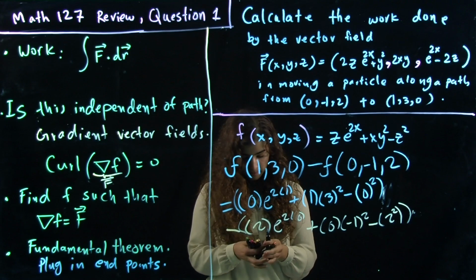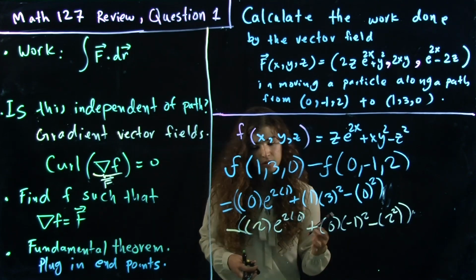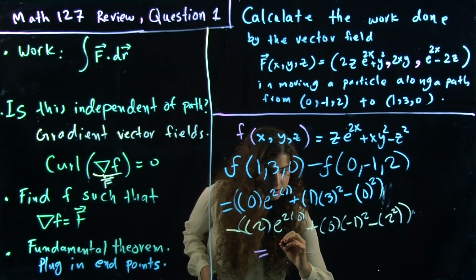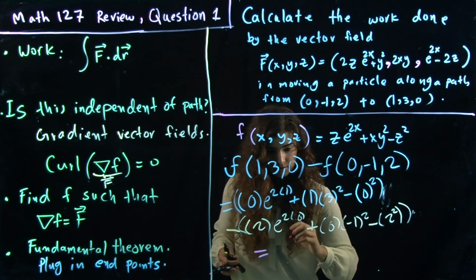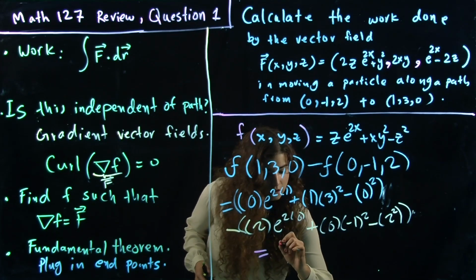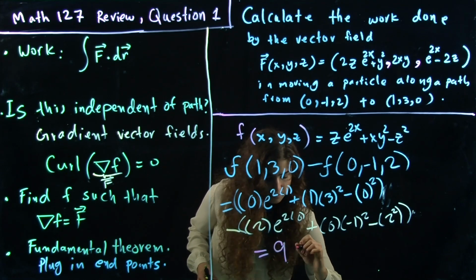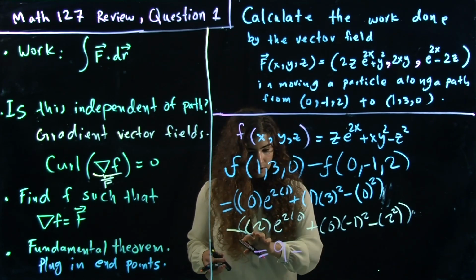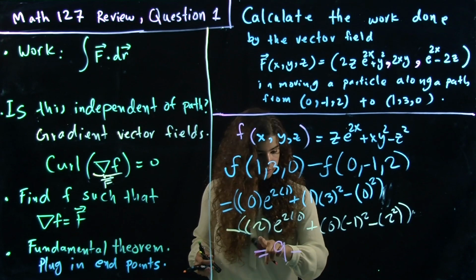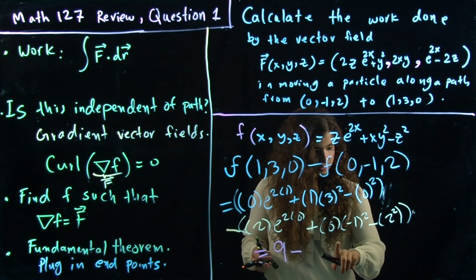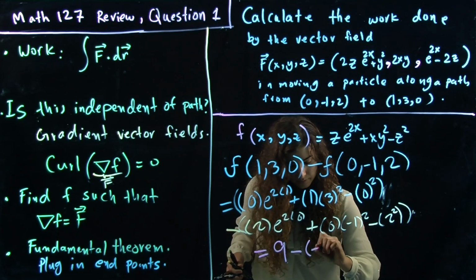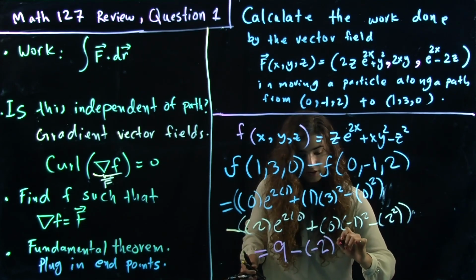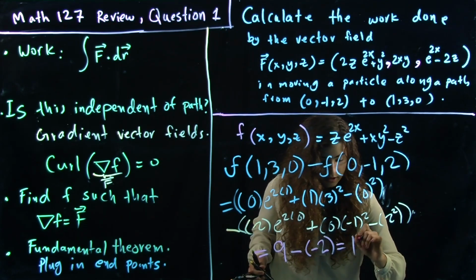So for our first part, it is 0, and then we have our 9, so yeah, 9 minus 2 e to the 0, which is 1, so that's 2, 0, 2 minus 4, so negative 2. And we get our final value as 11.